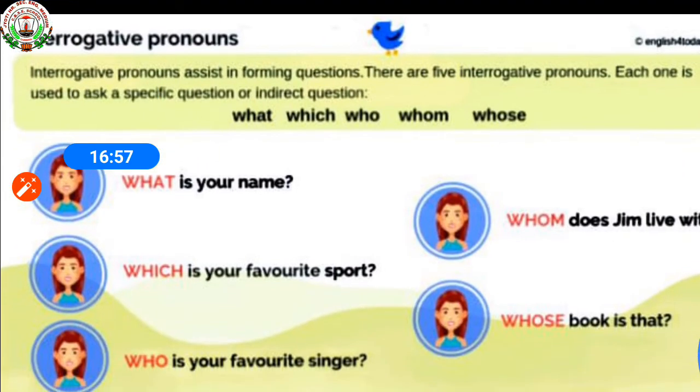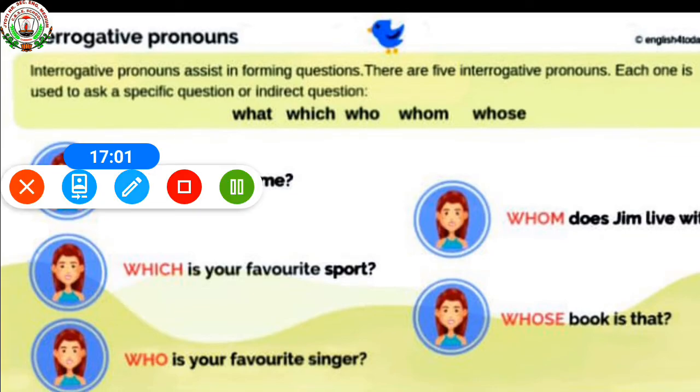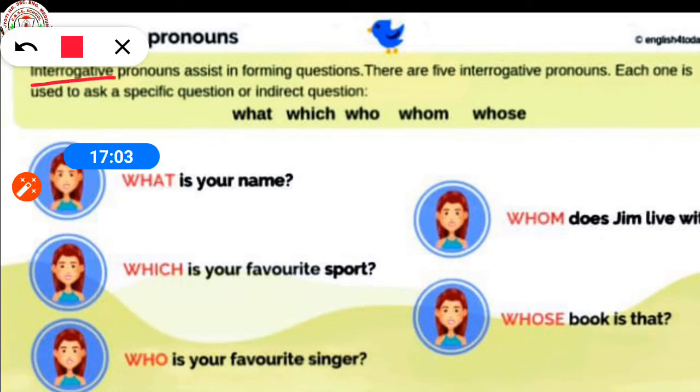So, interrogative pronouns always assist in forming questions. There are 5 interrogative pronouns.